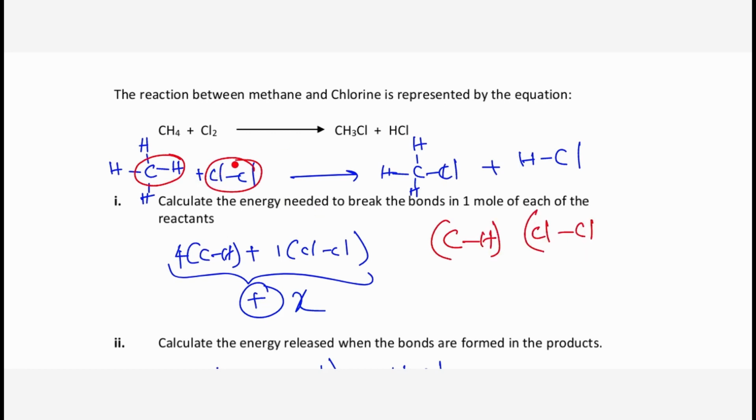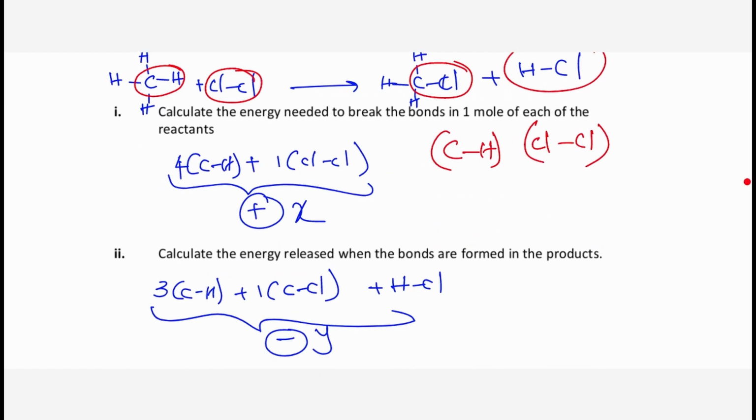That's what is actually broken. And then you're making actually C-Cl and H-Cl. That way, it's easy to do the calculation. It's less calculation, right? You get the same answer. You identify from the displayed formula which bond is actually broken and which bond is actually made, so you only do the calculation for those.